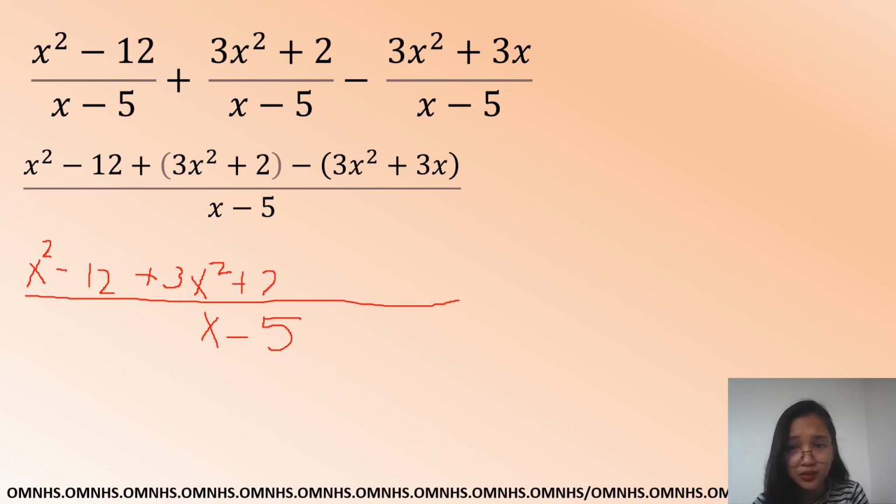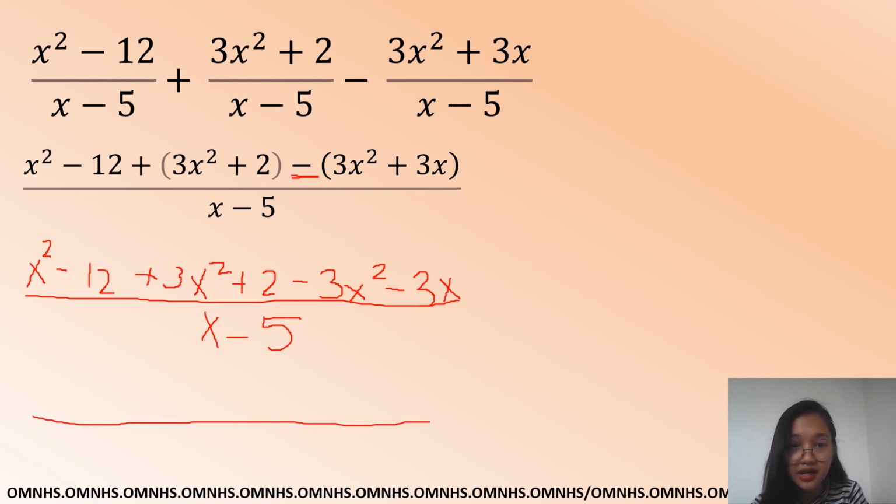Okay, note, in removing parentheses preceded by subtraction, we have to change the sign of all the terms inside the parentheses. So it will become negative 3x squared and negative 3x.